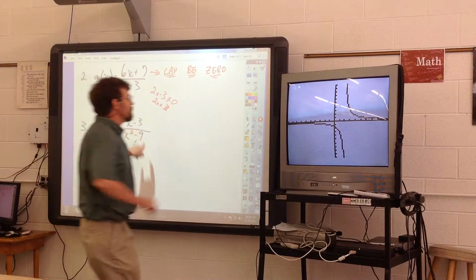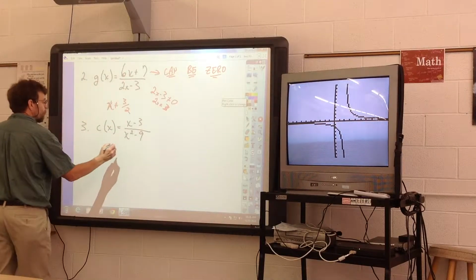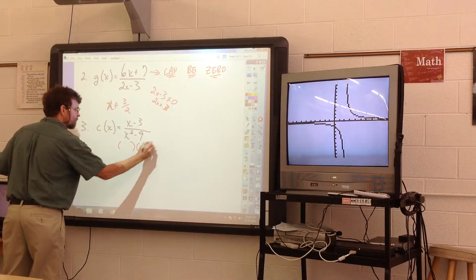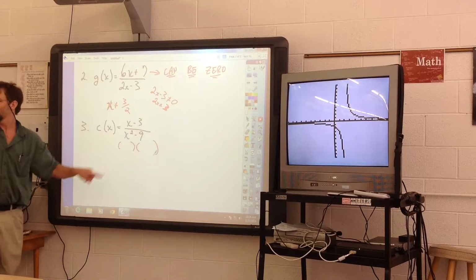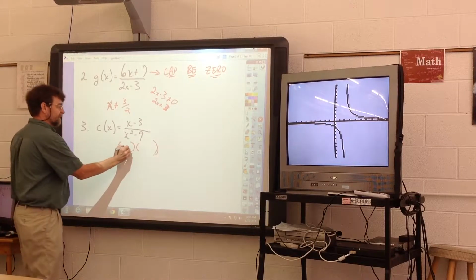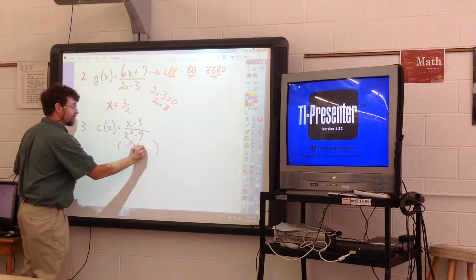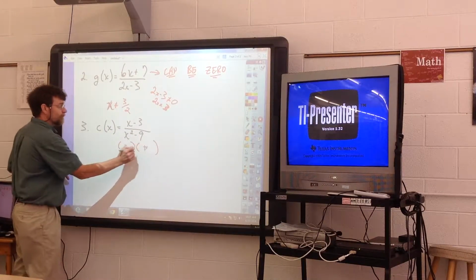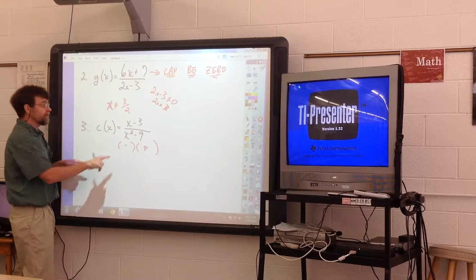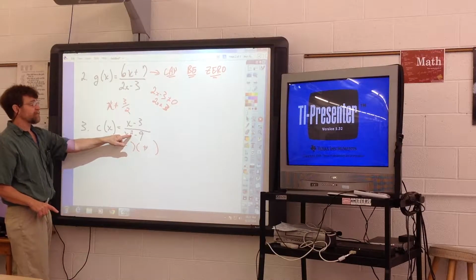Now, this one you could probably eyeball and know right away. But what I'm going to do, anybody remember how this factors? Like x plus 3, x minus 3. It's a difference of squares. And so difference of squares, one will be minus, that's a perfect square, that's a perfect square, because the exponent's even.